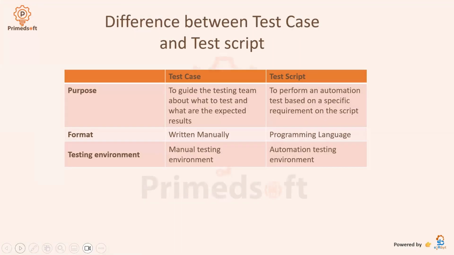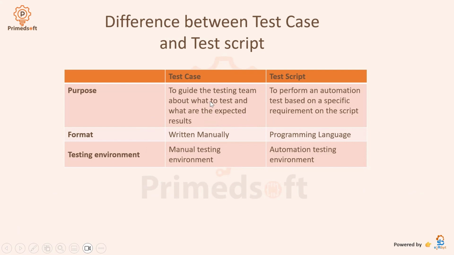So now we will look at the difference between test case and test script. It's very simple. Like I said, test case is mainly for manual testing and test script is for automation. The purpose of a test case is to guide the testing team about what to test and what the expected result is.